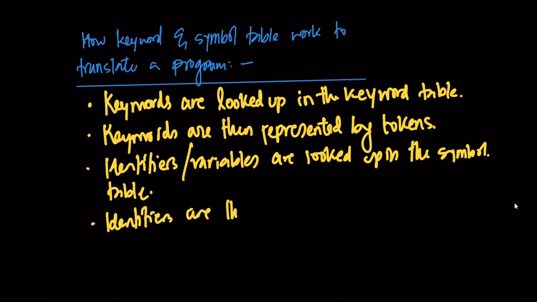Identifiers are then converted to tokens. Converted is a very important word, all right? Why are they converted? Because identifiers are definitely not going to be fixed. So we assign them a special value that is not present in the keyword table. That's the job of the programming language itself. Whoever created the programming language created a syntax, some rules, and their own keyword table, and that programming language became popular.